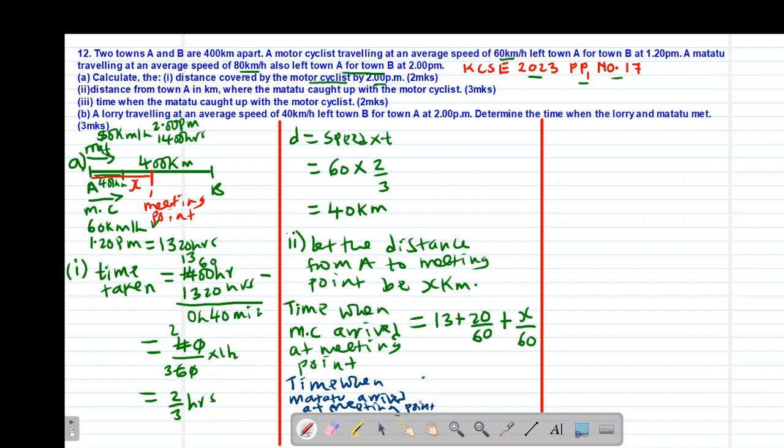Arrival time is departure time plus time taken on the road. The Matatu departed at 2 p.m., which is 14 hours and 0 minutes.